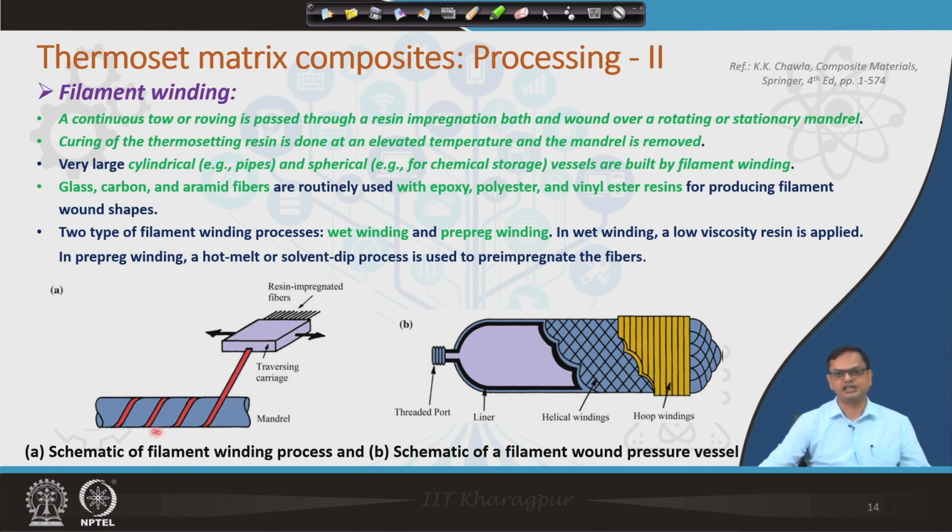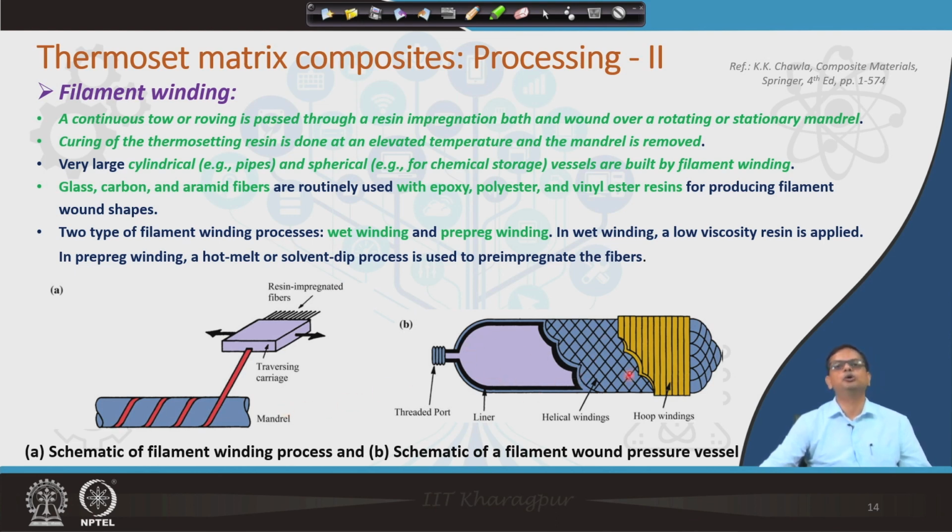get wound on this mandrel. As you can see here, there could be different kinds of winding. You can have helical windings, you can have hoop windings, you can have different designs of windings. Multiple windings take place like this, and then once the resin gets solidified, the mandrel gets removed.